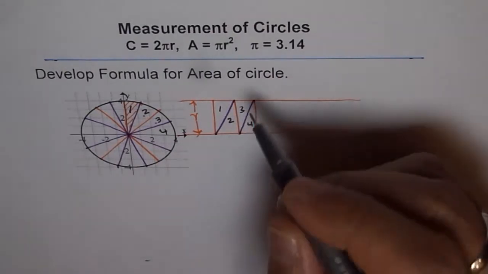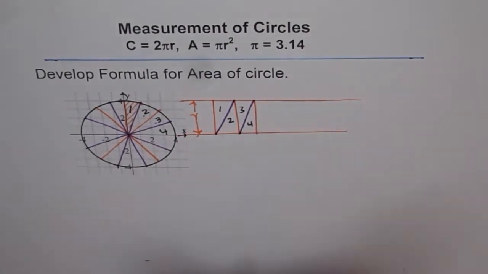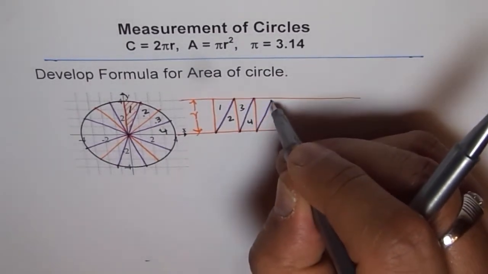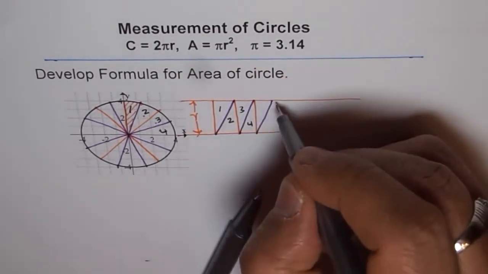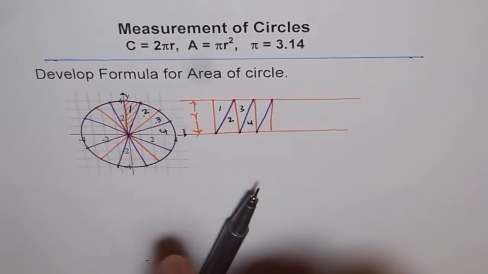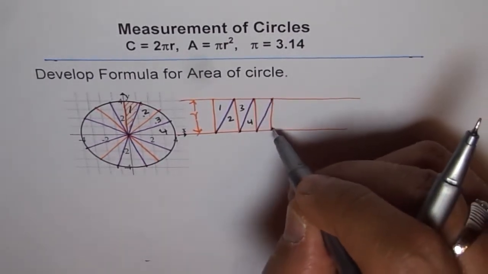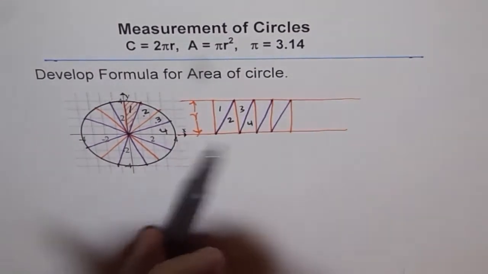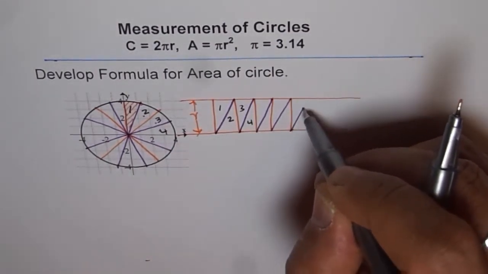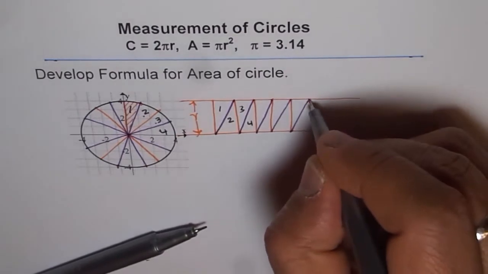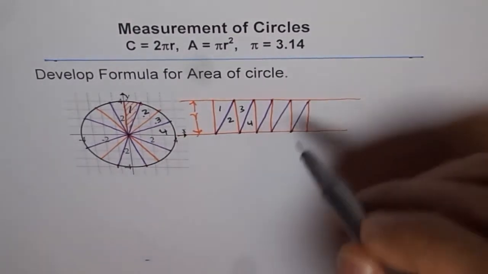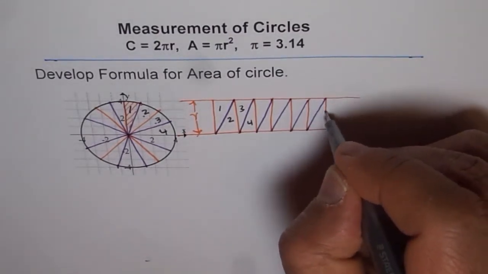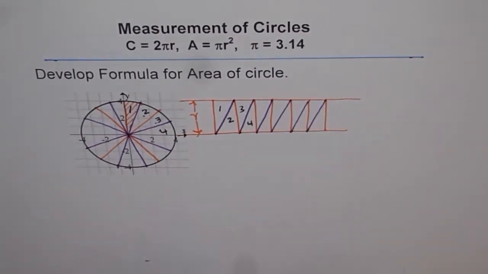Similarly, I can make 4 more triangles for this quarter, correct? So that means that is my 1 triangle. Then second, third, and fourth, right? So I got 4 more, right?